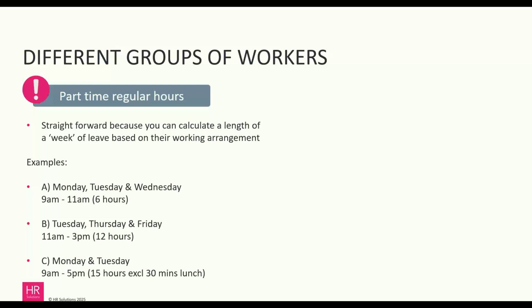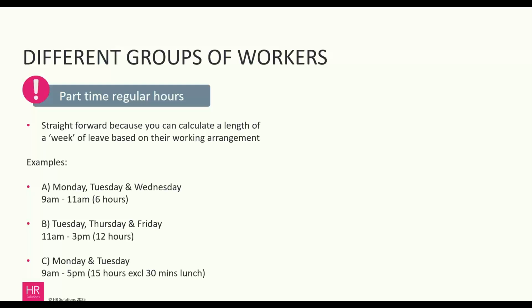Somebody working Monday, Tuesday, Wednesday, 9 till 11. They work a 3-day week. So they get 5.6 lots of those 3-day weeks. Equally, example B, Tuesday, Thursday, Friday, again is another 3-day week, albeit working more hours, at 12 hours. And then you've got example C, where they work a 2-day week.